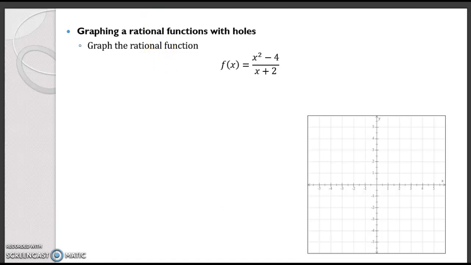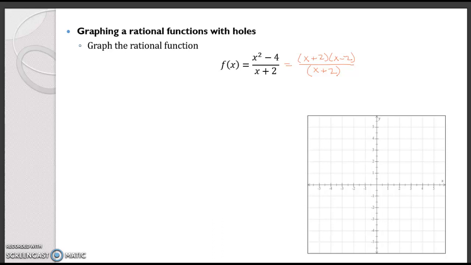But we've got to be a little careful because this factors into (x + 2)(x - 2) all over (x + 2). Now, one thing to notice is that the top has a factor in common with the bottom.